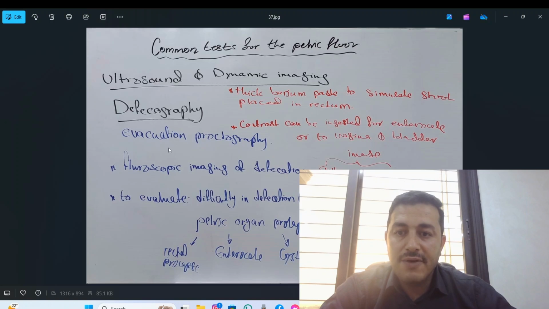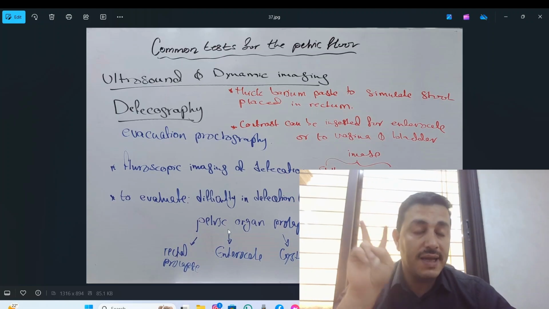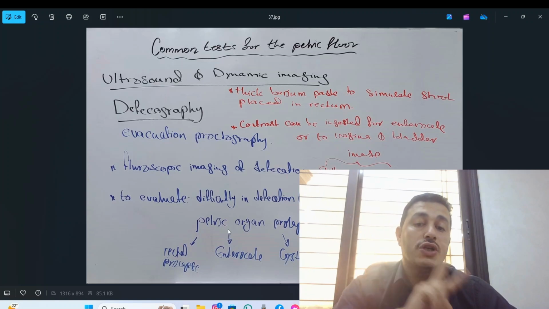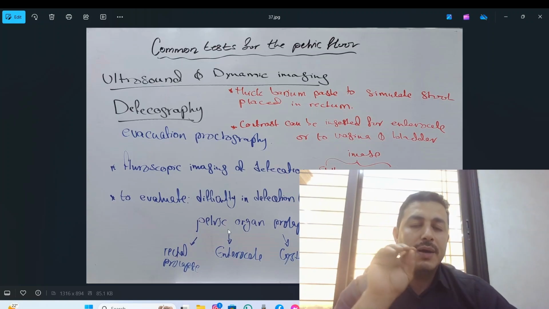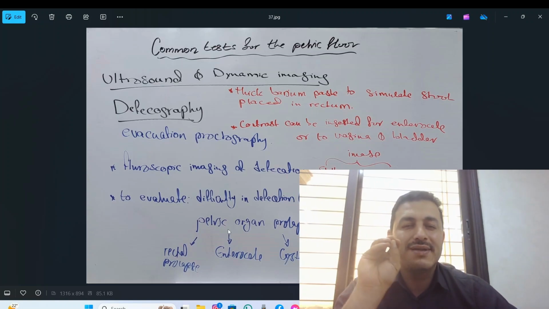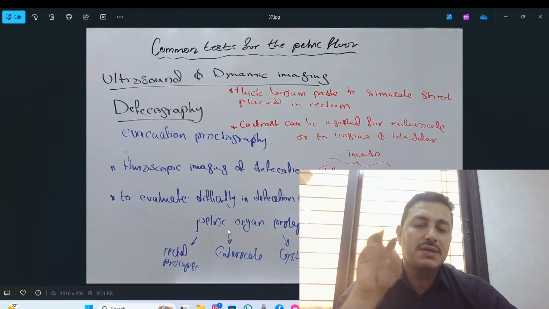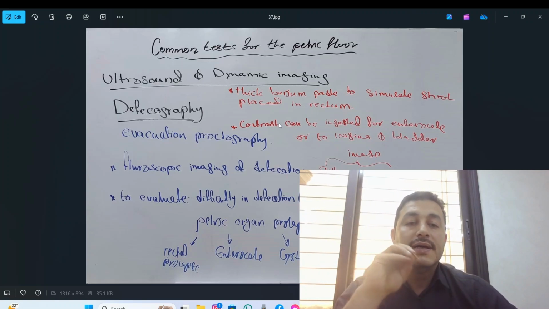Again, it is defecography, dynamic defecography, evacuation proctography, with two main indications: obstructed defecation or pelvic organ prolapse. We will discuss when to suspect pelvic organ prolapse.